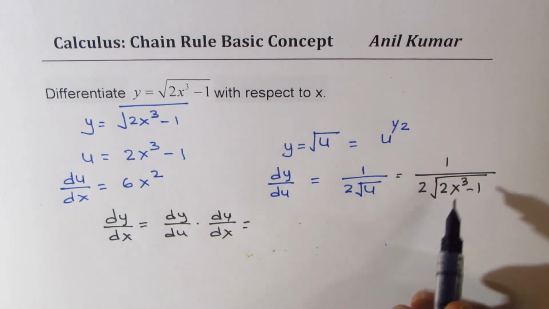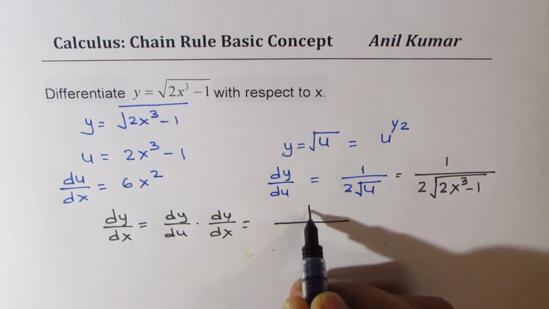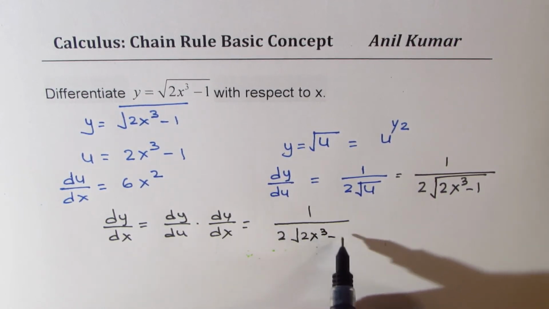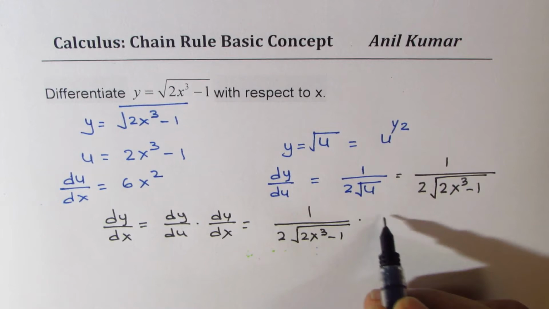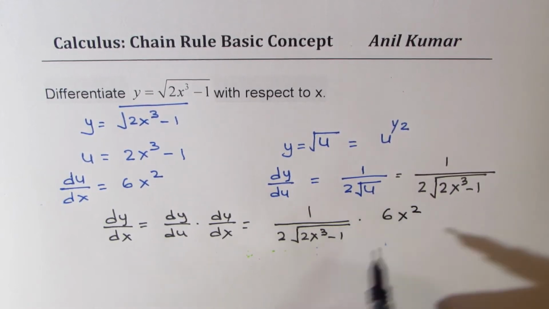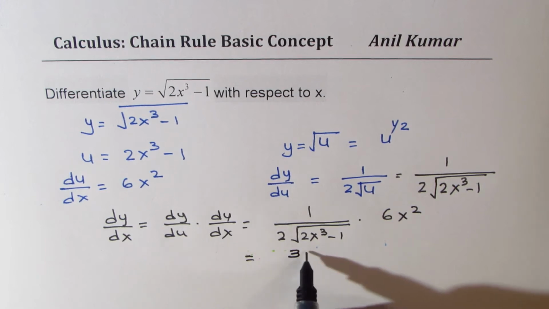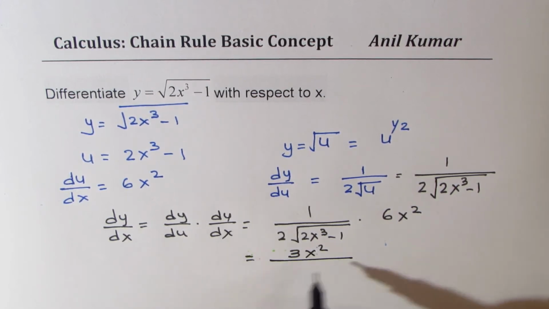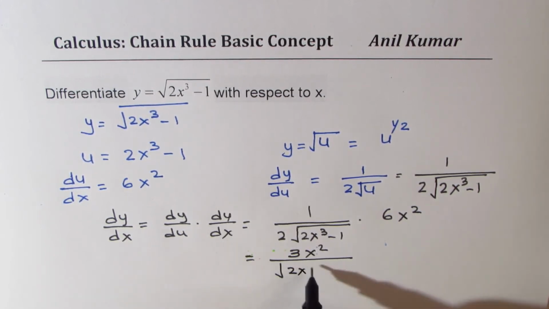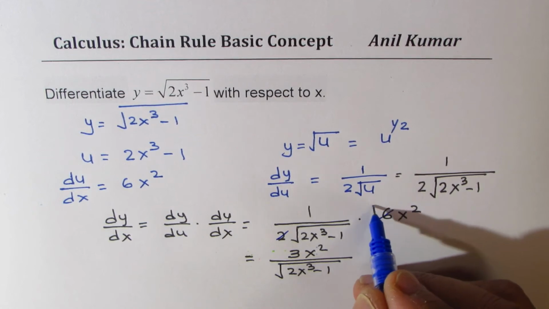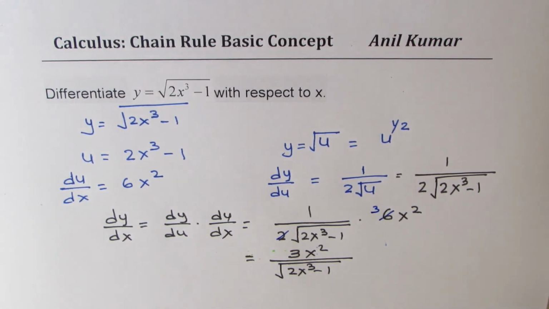So it is 1 over 2 square root 2x cubed minus 1 times 6x squared. Now it could be simplified and written as 3x squared over square root of 2x cubed minus 1. Perfect? So we just simplified this. The 2 goes 3 times. So I hope the concept is absolutely clear.